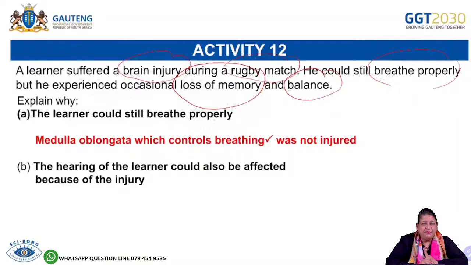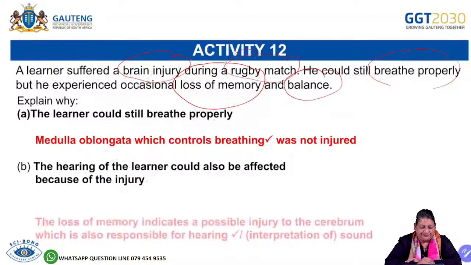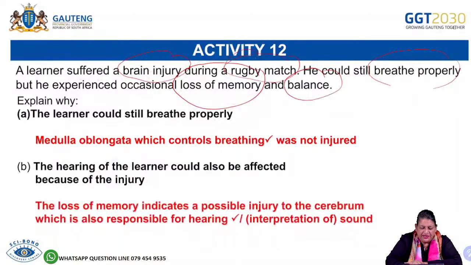So if the cerebrum is damaged during the rugby match, the person is experiencing memory loss, and his hearing will also be affected because the cerebrum interprets both memory and hearing. The loss of memory indicates a possible injury to the cerebrum, which is also responsible for hearing.